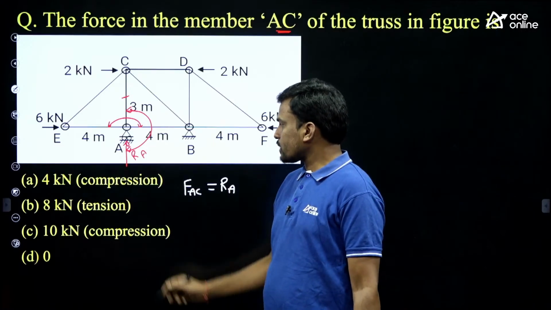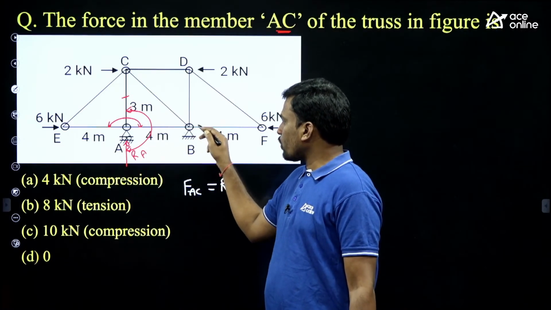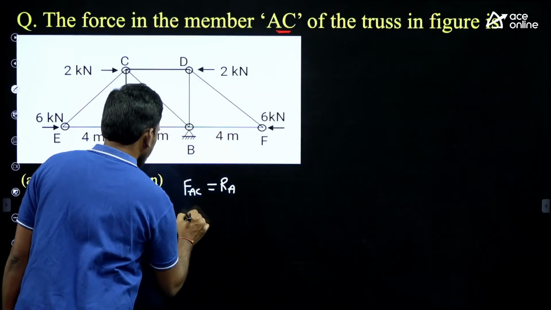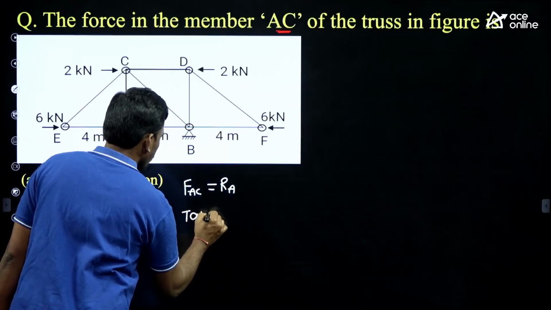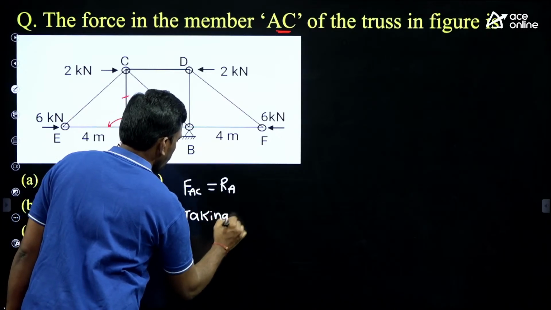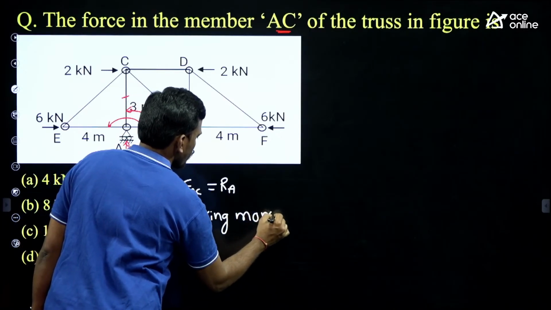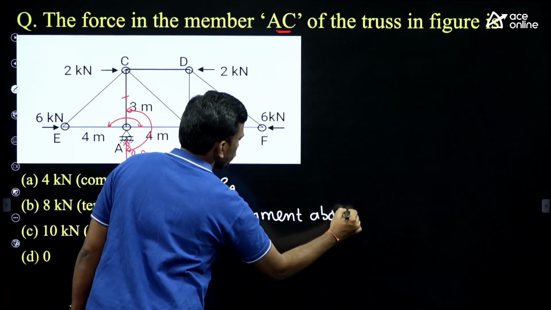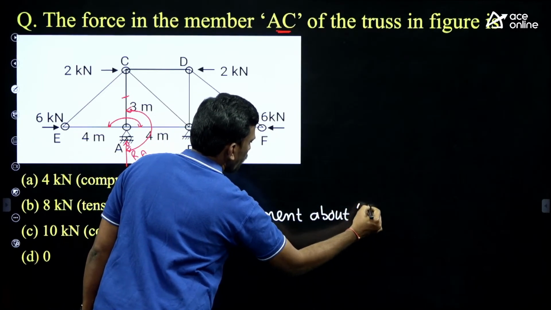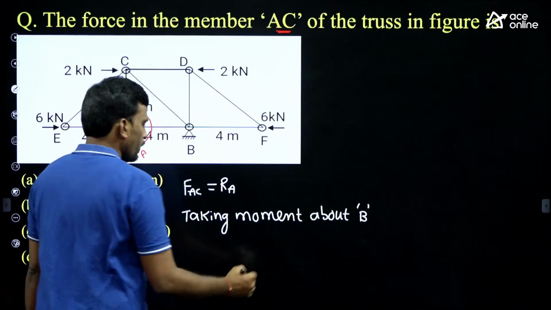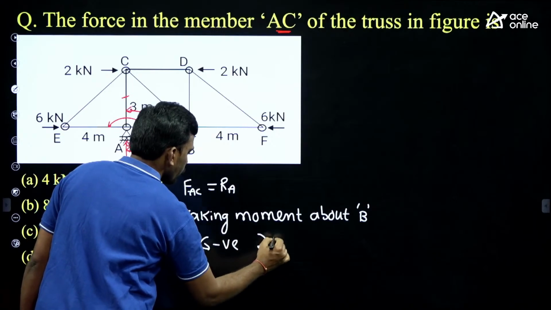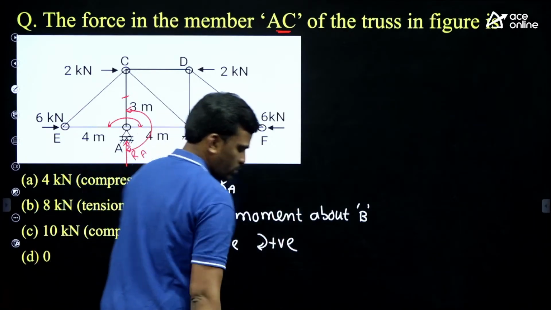How to find the reaction RA? Taking moment about the other support. Now we'll take moment about support B. What are the sign conventions? Anti-clockwise negative, clockwise positive.